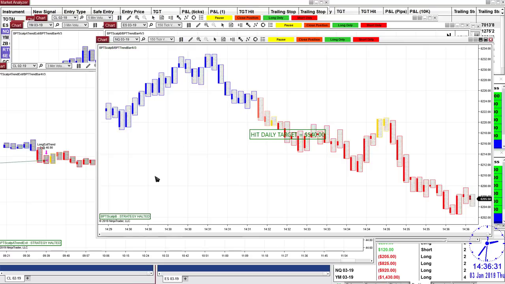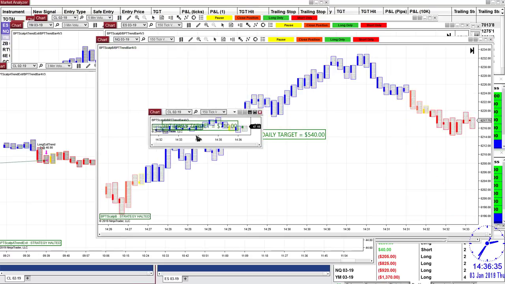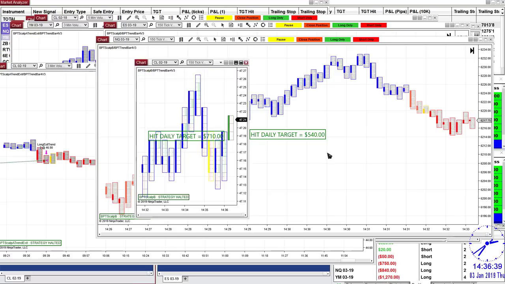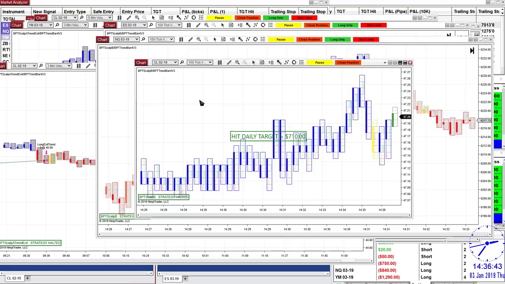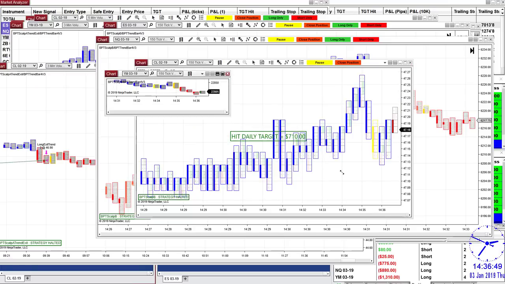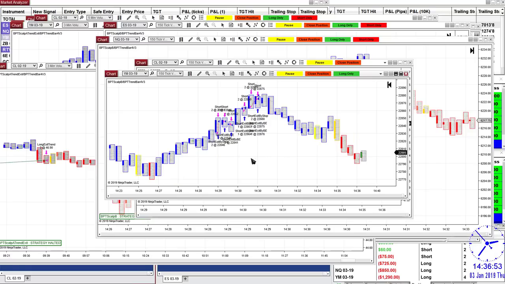This one here is 540. And the CL is 710, and the YM didn't make it today. Welcome to trading. No, it didn't make it. Welcome to trading. It's a disaster.